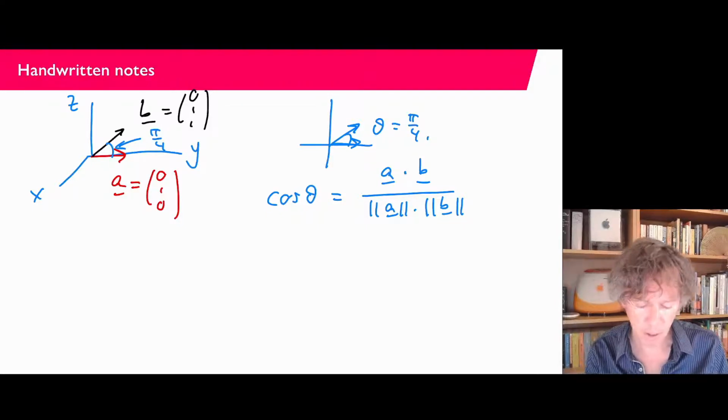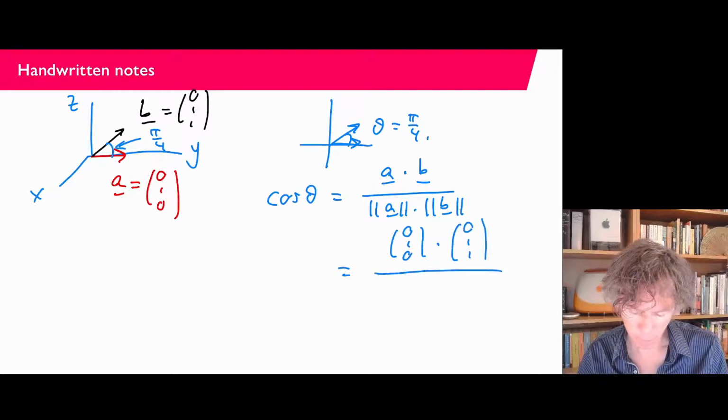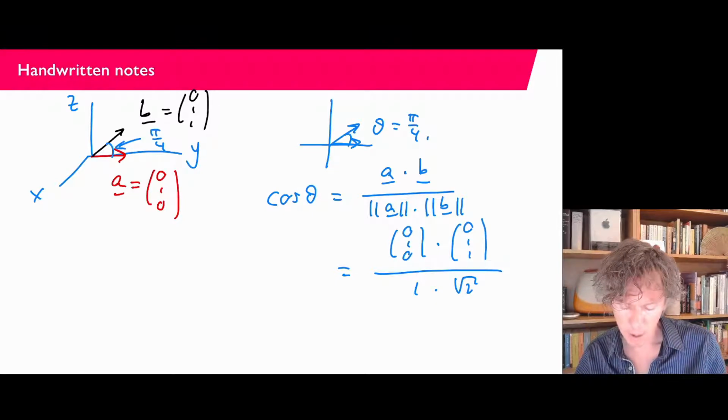So this is the dot product between 0, 1, 0 and 0, 1, 1, over, well, the length of A is 1. And the length of B is the square root of 2, because B has components 0, 1, 1. The dot product is 0 times 0 plus 1 times 1 plus 0 times 1. So this is going to be 1 over the square root of 2.